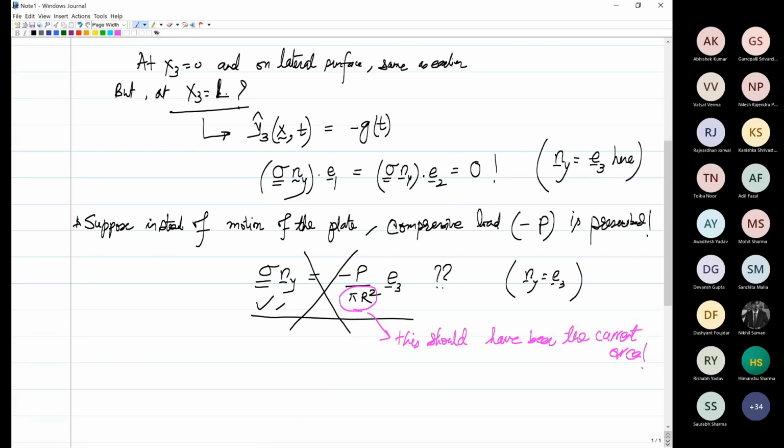Okay, and that is something. So now can you tell me how to make the correction? Think of using the first Euler-Kirchhoff stress tensor. Can we not say that P times E3 should be equal to minus P by pi r square E3?